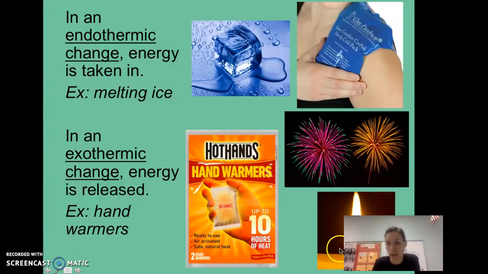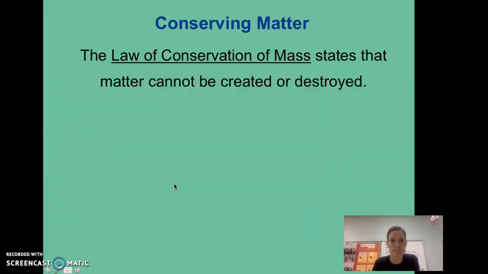Your candle, I know it's a little bit behind my picture here, but the candle flame is also going to be an exothermic reaction.